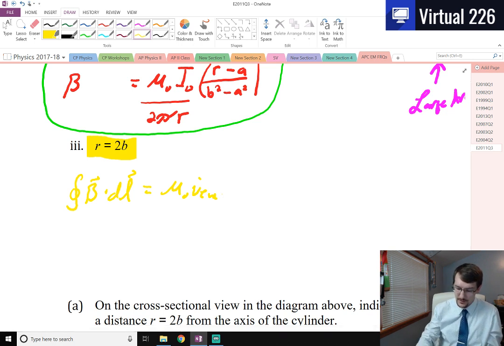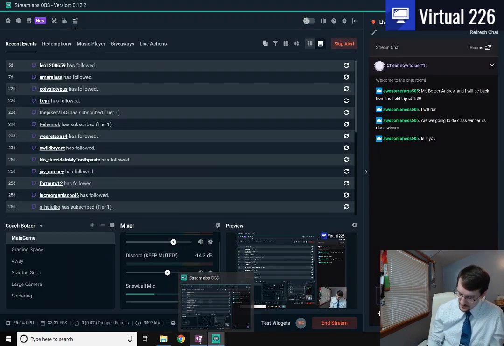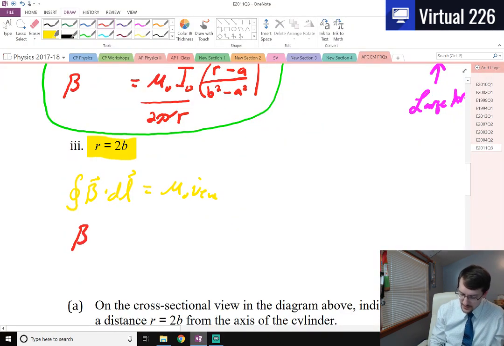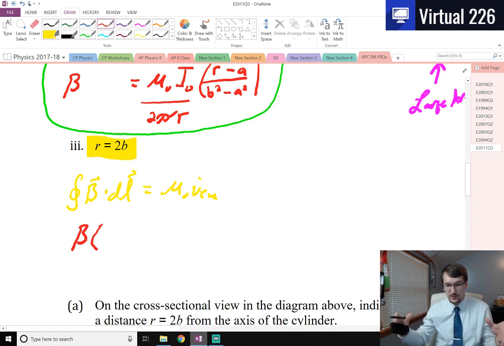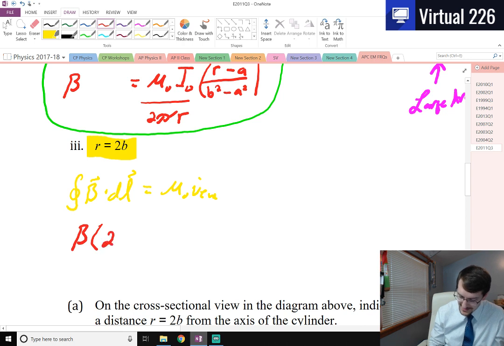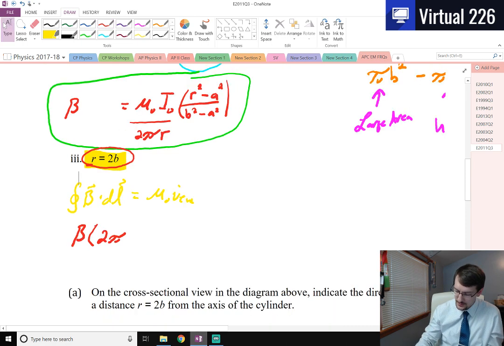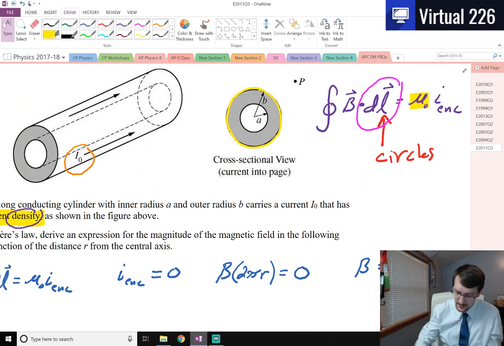We know in this case that this is just going to be B times that radial distance we're going out. In this case, that 2 pi r, since we set r equal to 2b, and excuse me, if I go back up here, we're not sitting at b, we're actually sitting at twice b, so we're sitting kind of out here somewhere.